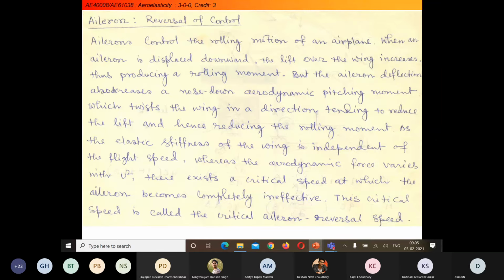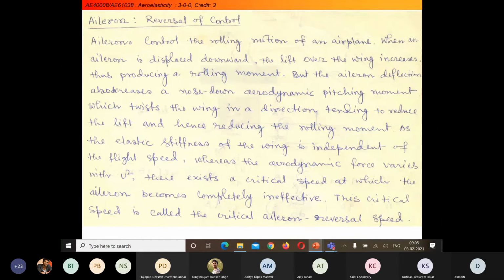Basically you will have a differential displacement of the control surface on the left side of the wing and the right side, what we call the port wing and the starboard wing, meaning the left side of the pilot and the right side. So depending on the differential rotation, we can have the rolling moment, which will give us the rolling maneuvering conditions.